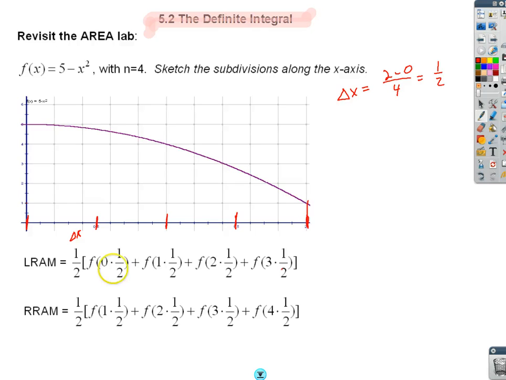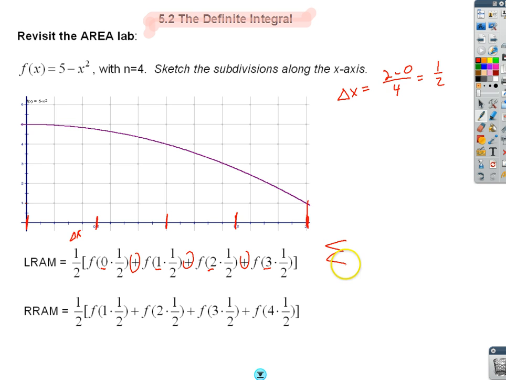Now look, I'm counting by 0, and then 1, and then 2, and then 3. And look, we're adding everything up inside of here. That's interesting. So I can rewrite this as a sigma notation because it's going from 0 to 1 to 2 to 3. So that means I'm adding up.